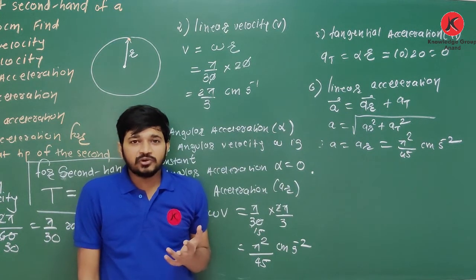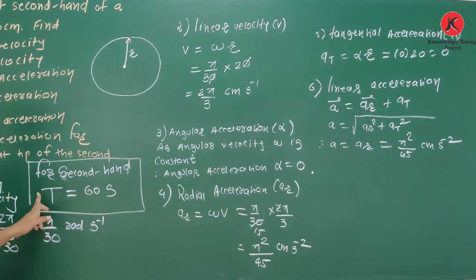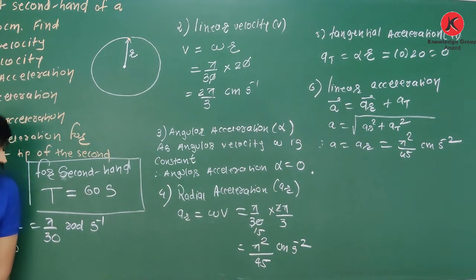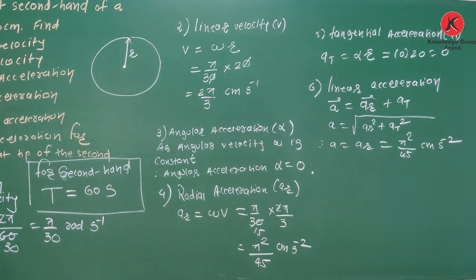So you have to solve 2 questions. What will change? T. For the second hand it takes 60 seconds to complete one rotation. In the comment box you have to write the time required to complete one rotation by the minute hand and by the hour hand. Clear about this? This is one example based on the equations that we have seen.